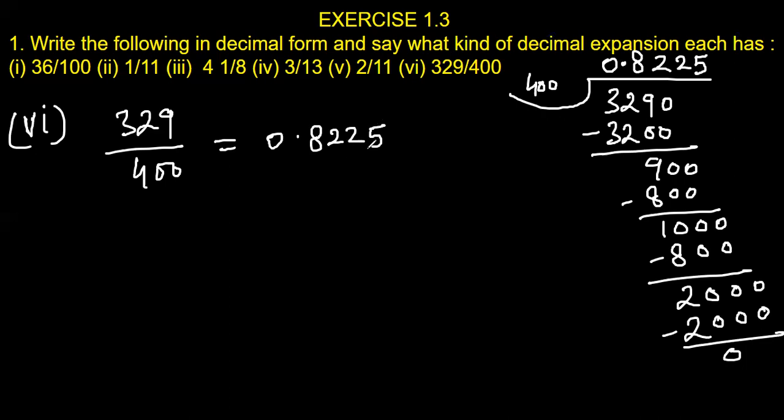As we can see, since we are getting remainder 0, the decimal expansion of this rational number is a terminating decimal expansion. So simply we write terminating, meaning the decimal expansion of this number terminates after a certain number of steps.